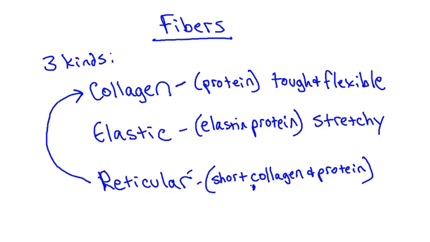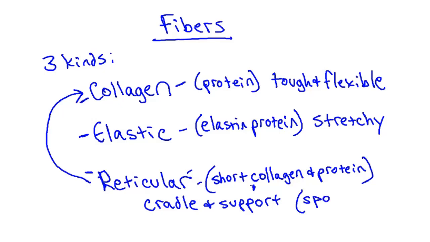But just for simplicity's sake, so we don't get a headache, we're just going to give it its own little category here. So reticular fibers, they cradle and support, and they're like a sponge. So if you toss an egg on a thick sponge, it'll bounce a little bit and it won't break. So likewise, it's going to cushion the organs with its sponginess.